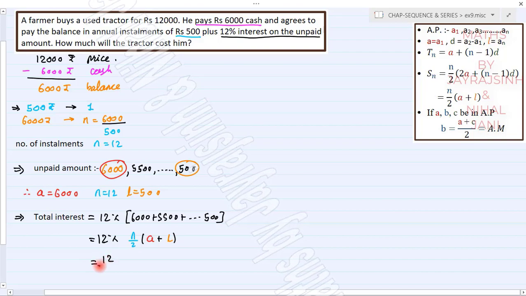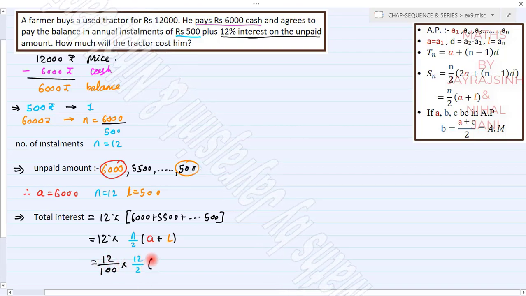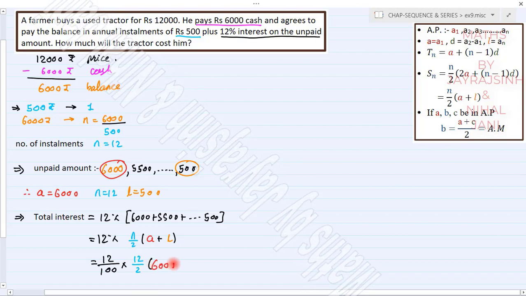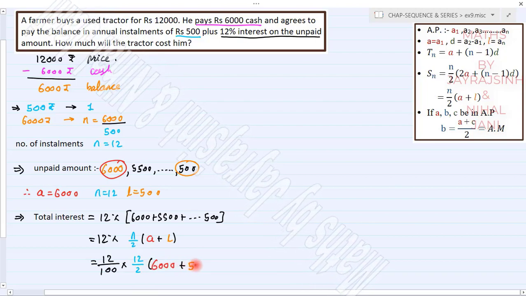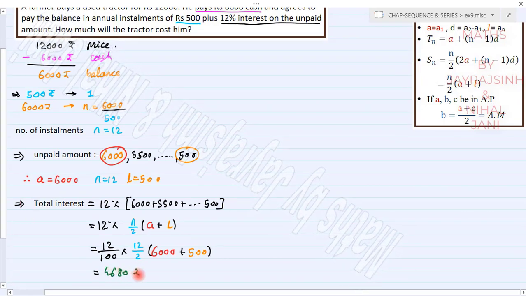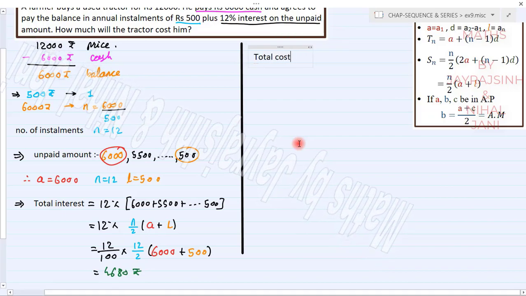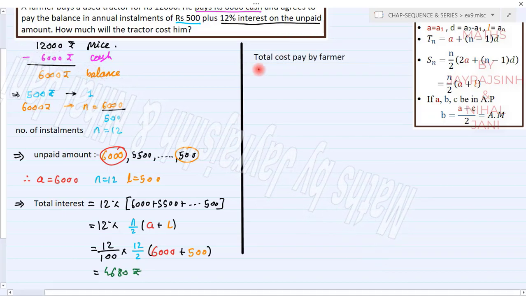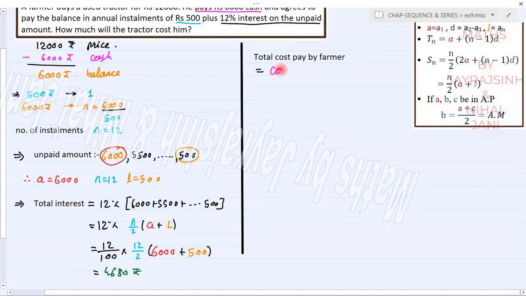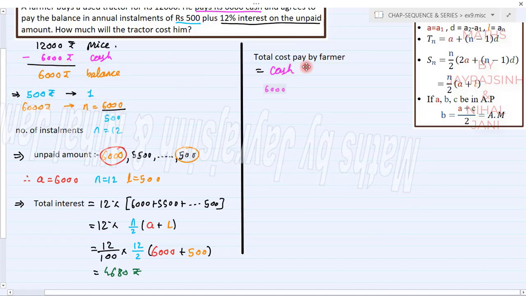So we will get 12 by 100 into 12 by 2 into 6,000 plus 500, which will give us 4,680 rupees.